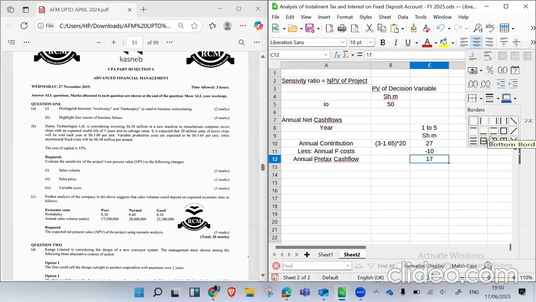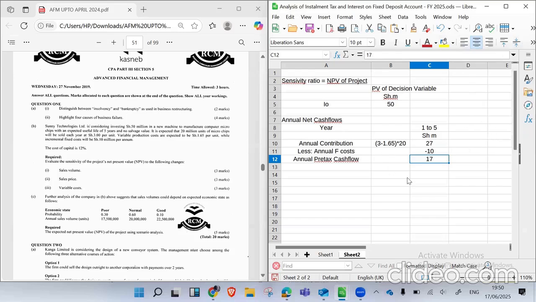We don't have any depreciation, and for that reason, we don't have tax. So net cash flows zinabaki hapo. I didn't see any terminal cash flow in this question. Haiko, ingekuwa tungeiweka.